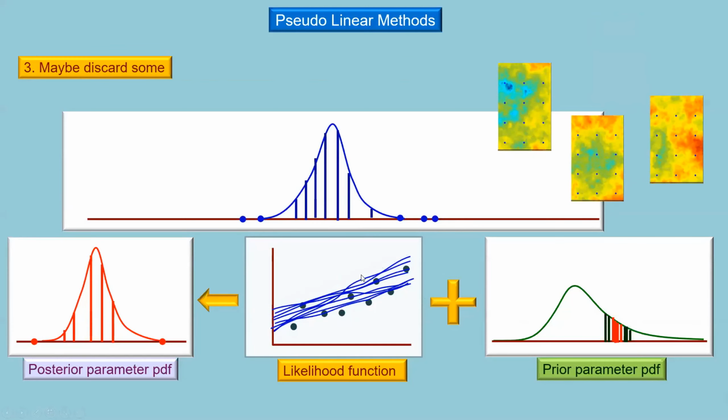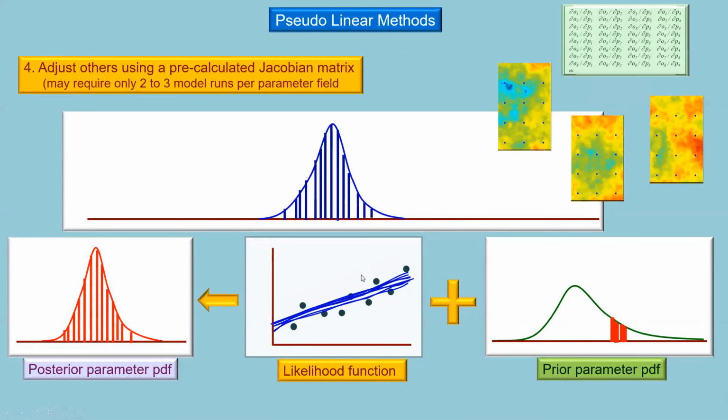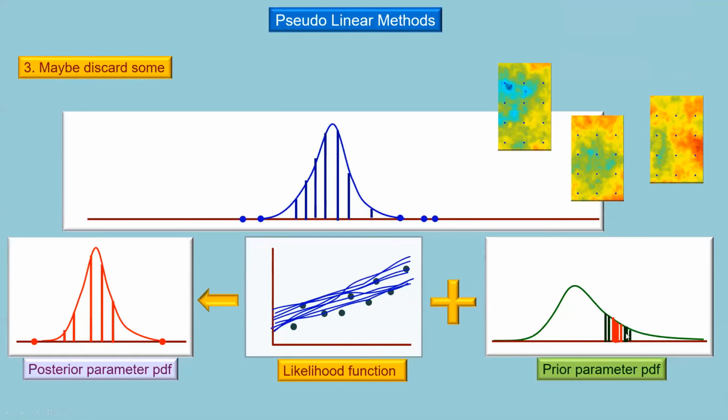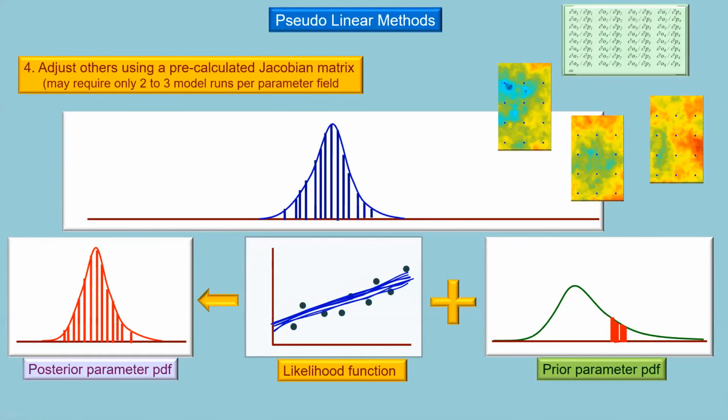We may throw some of these away, but using the same Jacobian matrix that we used to calculate the linear approximation to the posterior parameter probability density function, we can adjust all of these parameter fields here that don't quite fit the data with maybe 3 or 4 or 5 runs per parameter field. We can pull them back into calibration, and we're sampling the posterior parameter probability density function.